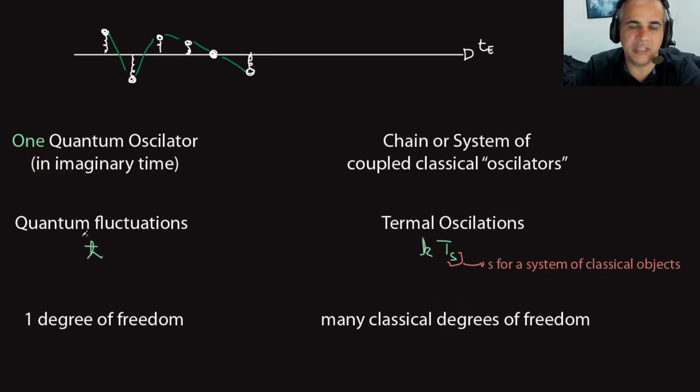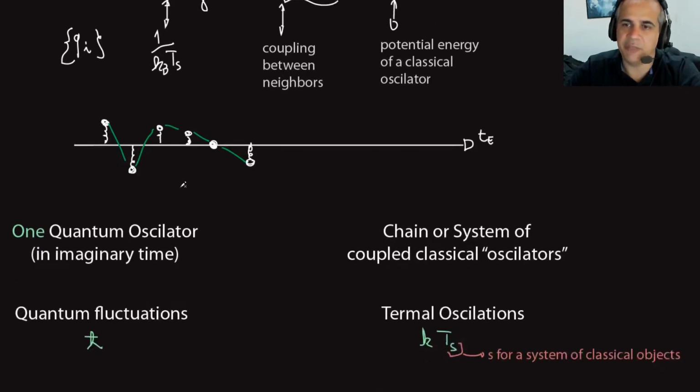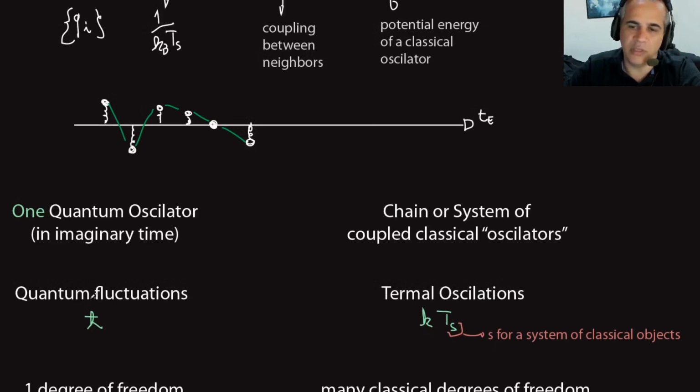Here the temperature essentially is controlled by h bar. It's not by accident that we had h bar here when we are coming from the quantum side of this duality, and we have to identify the temperature in the same place where h bar is, because h bar is the one controlling the fluctuations on the quantum side, and the temperature is the one controlling the oscillations on the classical side, right?